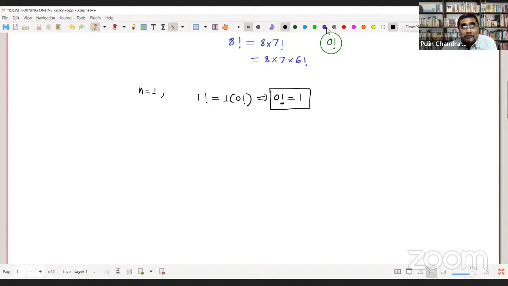So after that, there is a very important note to remember, that is a remark. From the definition only, it is clear. If n is other than a natural number, or rather I'll write whole number, other than whole number, then factorial n is not defined.